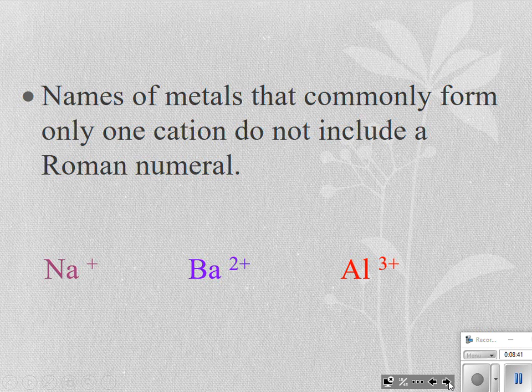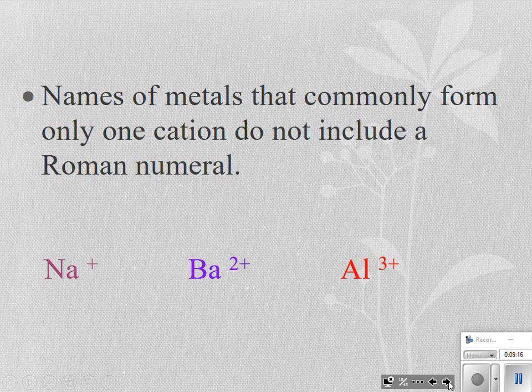Now I'm going to show you an easy way to determine whether something needs a Roman numeral or not. I want you to look at your periodic table. On your periodic table, above the symbol, there is a little black number that says oxidation state. Find that number.